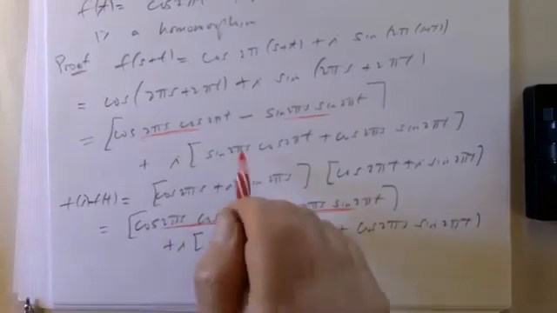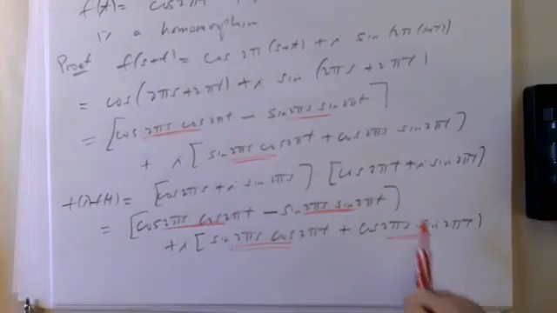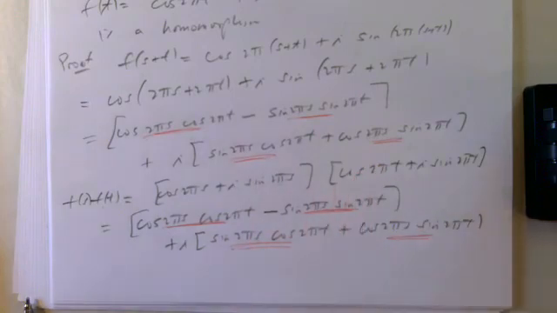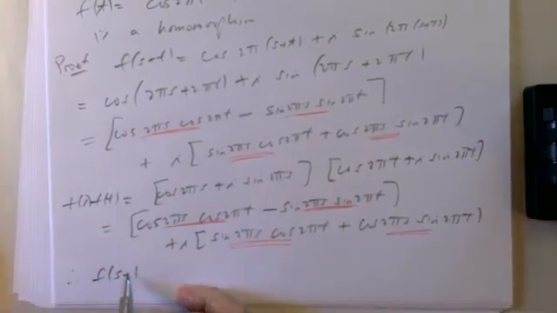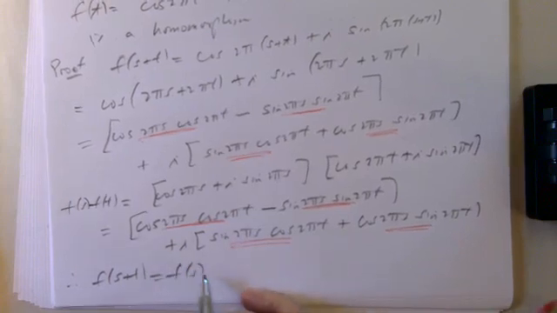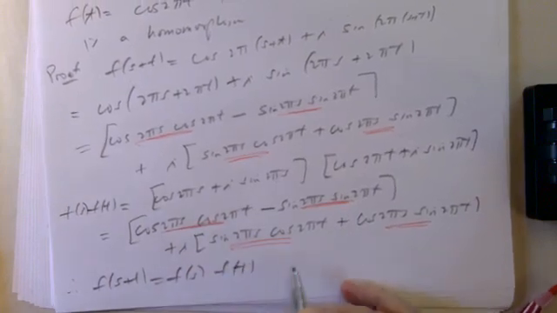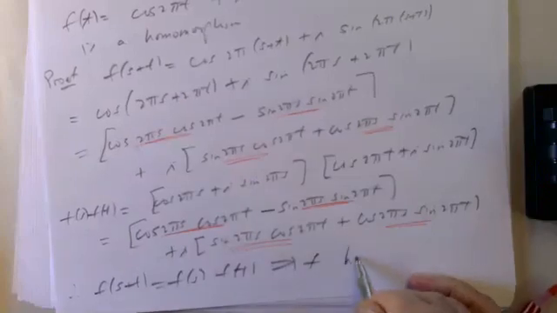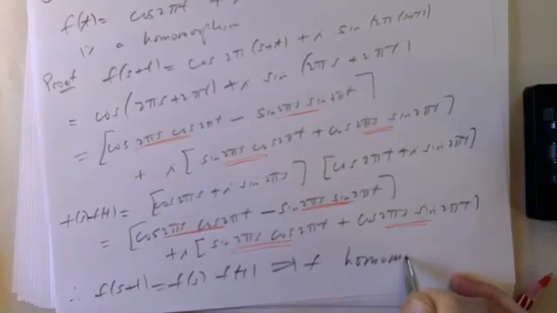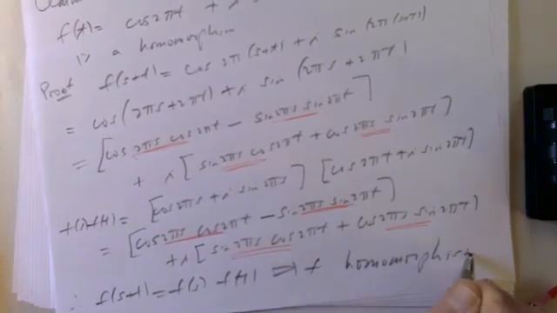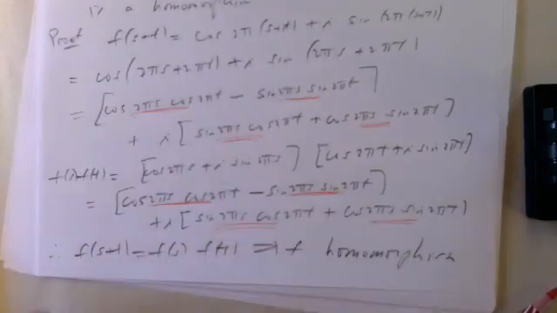And this term is this, and this term is this. So therefore, f of s plus t is f of s times f of t. So f is a homomorphism.